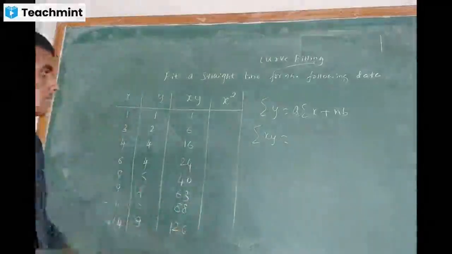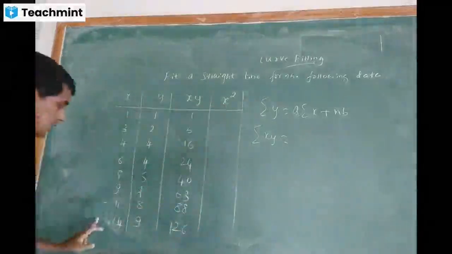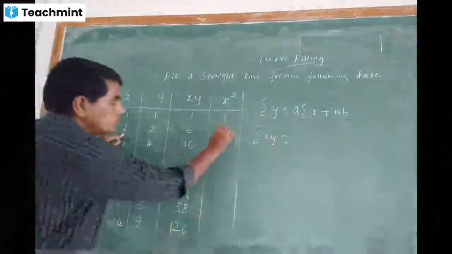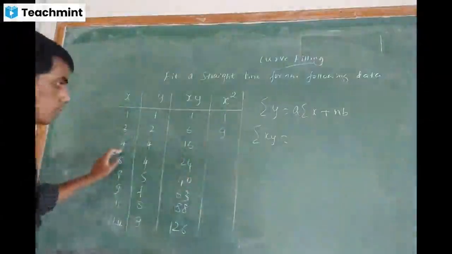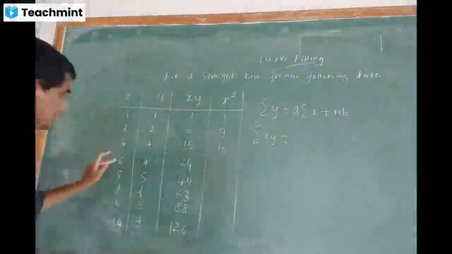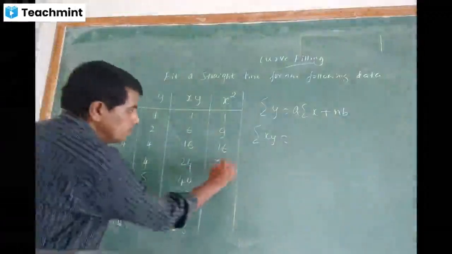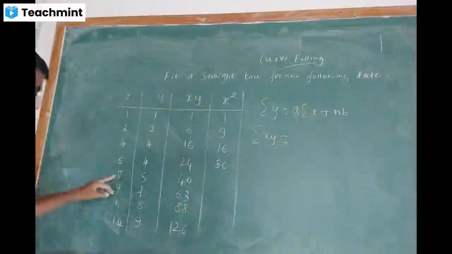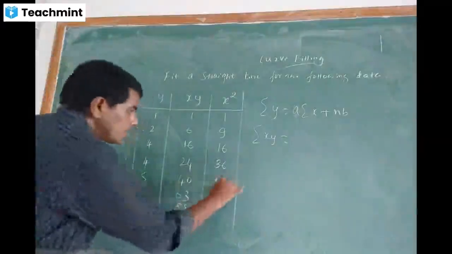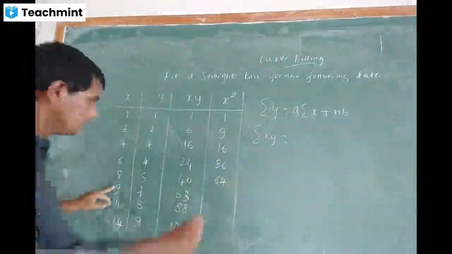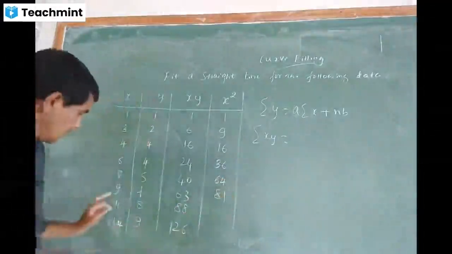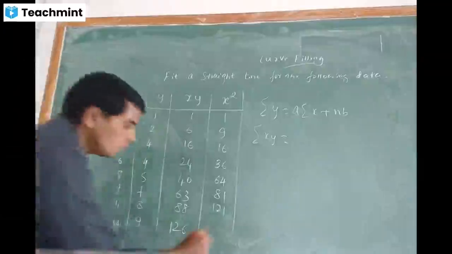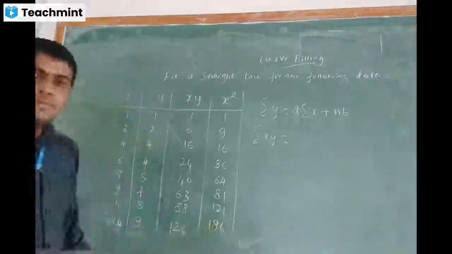Later we can find summation x square, squaring the x values: 1 square is 1, 3 square is 9, 4 square is 16, 6 square is 36, 8 square is 64, 9 square is 81, 11 square is 121, and 14 square is 196.